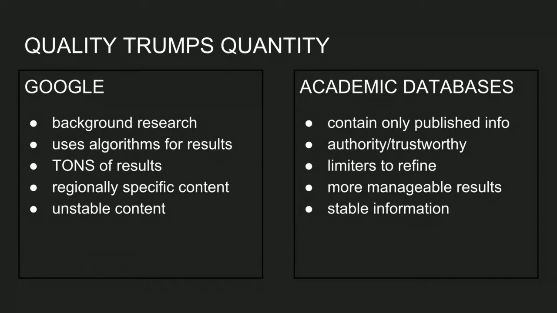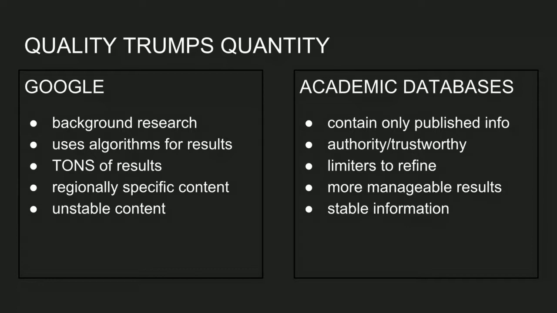So the reason why you want to start using the academic databases is because they contain only information that has been published. That means there are going to be books and journal articles and magazines and newspapers and the like. Usually they tend to also be a lot more credible than what you're going to find out on Google, so they are a lot more trustworthy.